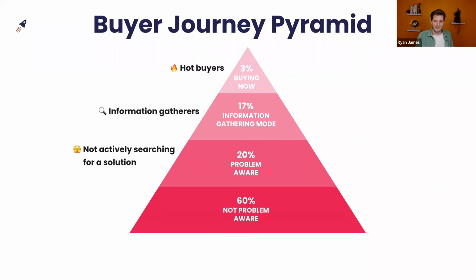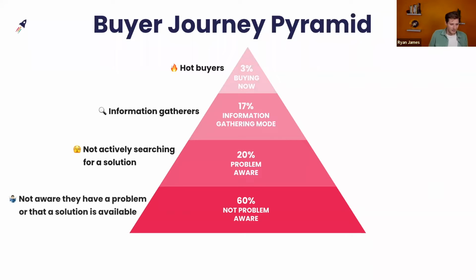And then the biggest chunk of the pyramid is people that are not aware that they've got a problem. So they're not aware they've got a problem, and they're not aware that a solution is available. To again give you an example, I think a lot of you probably work in SaaS companies that provide some sort of data solution or some sort of analytics.